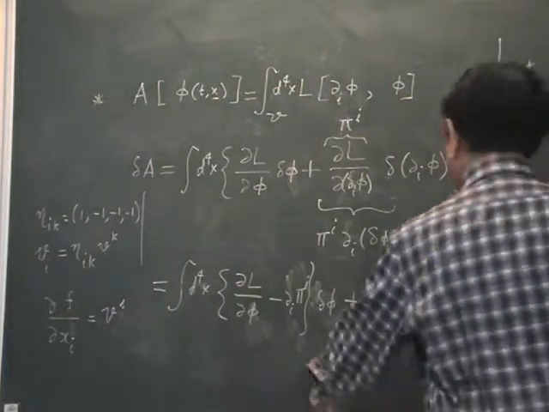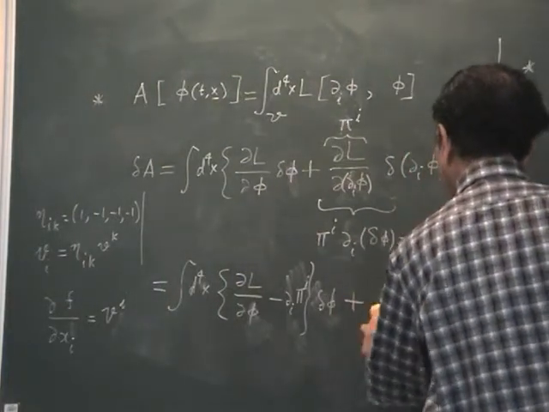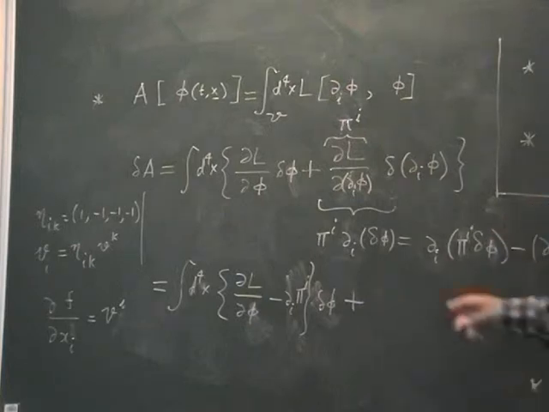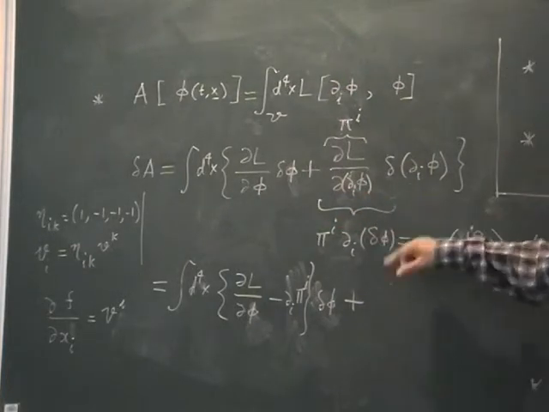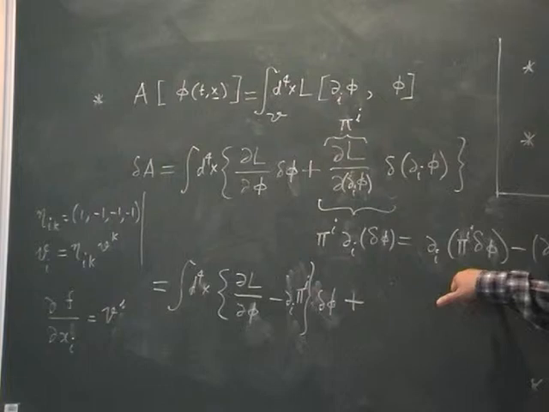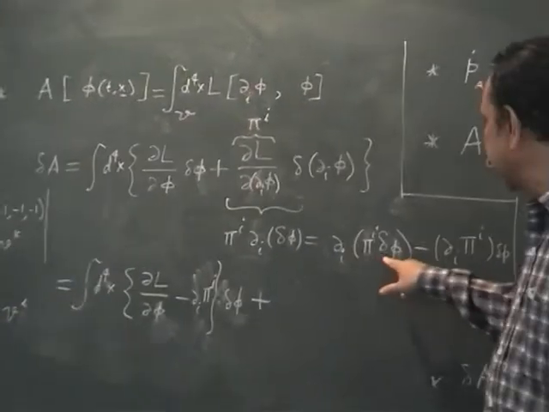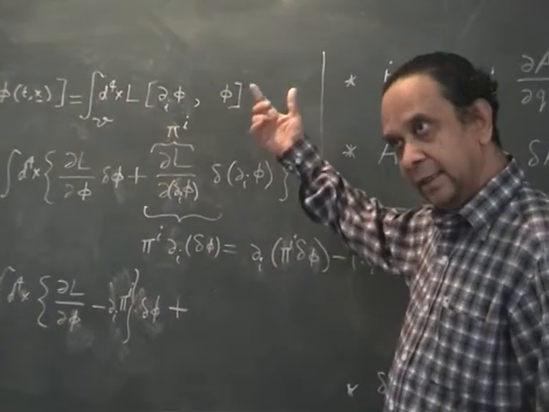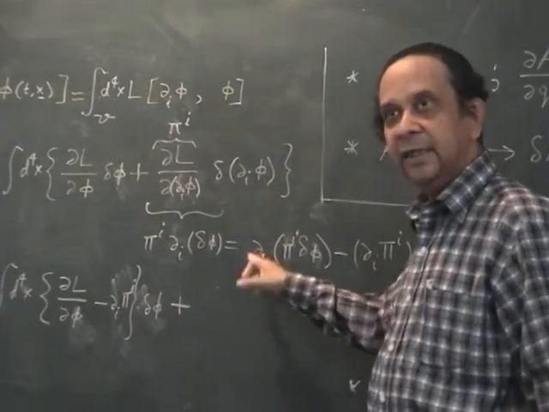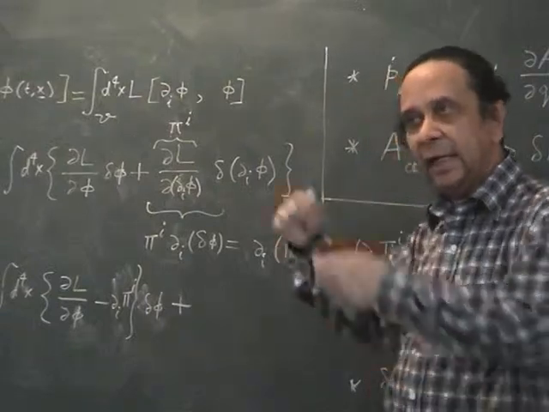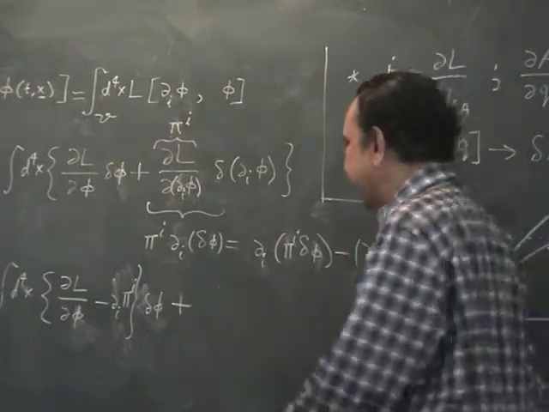plus, okay, let us do this a little bit more carefully. So what I have got is this entire term. This has been written as a total divergence here minus this quantity, right? So this total divergence is going to be integrated. Originally it was d by dt and we just integrated over dt and we got the end point. Now we have to be a little bit careful.